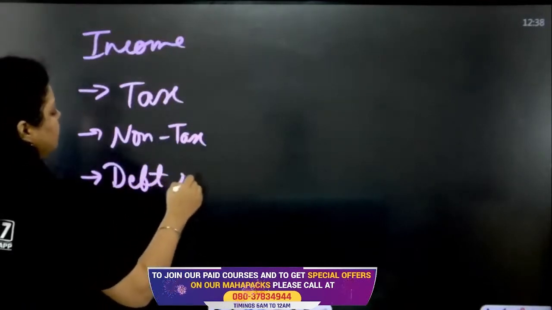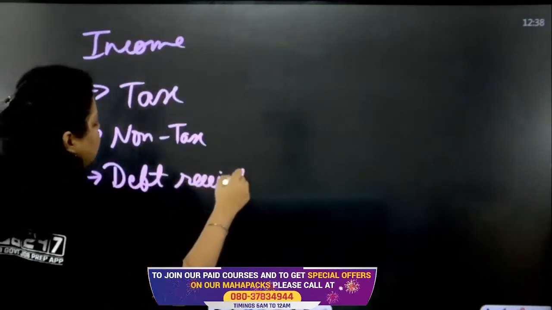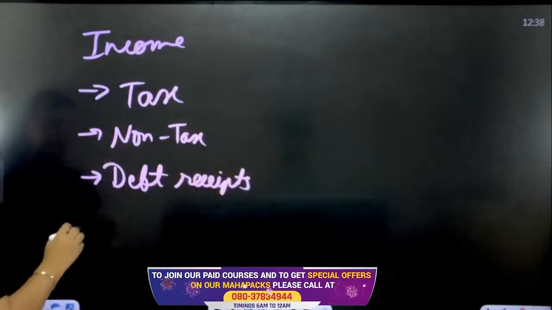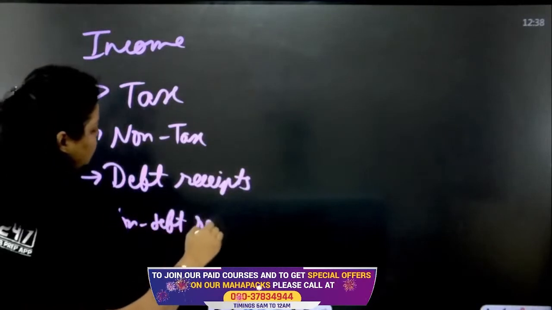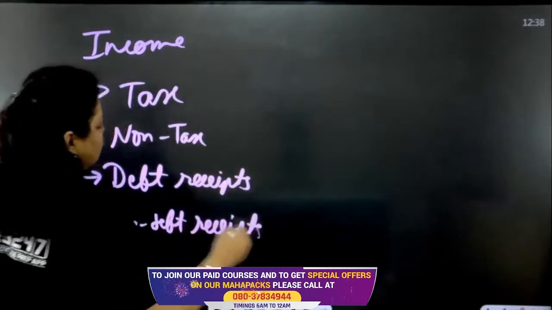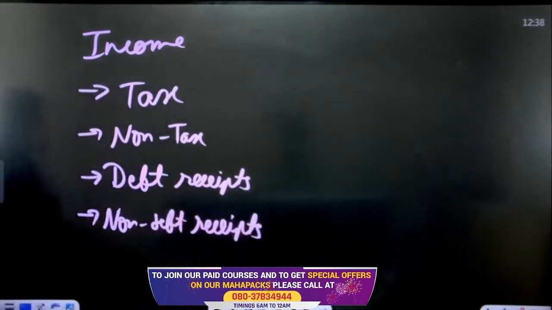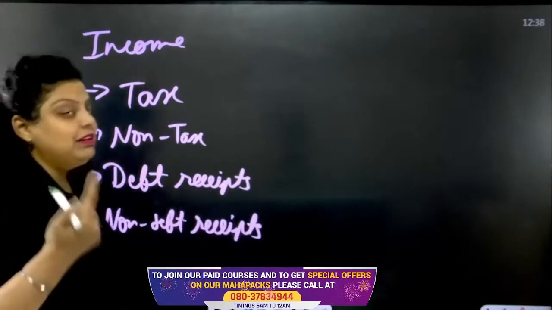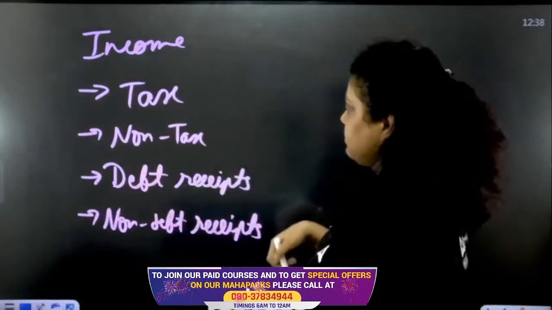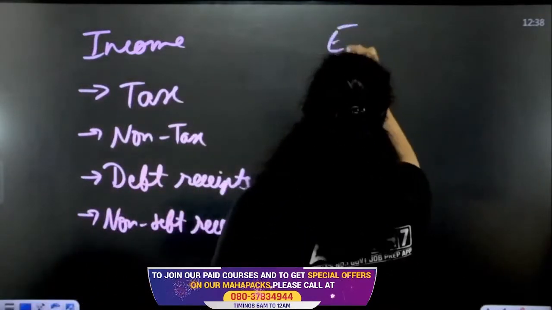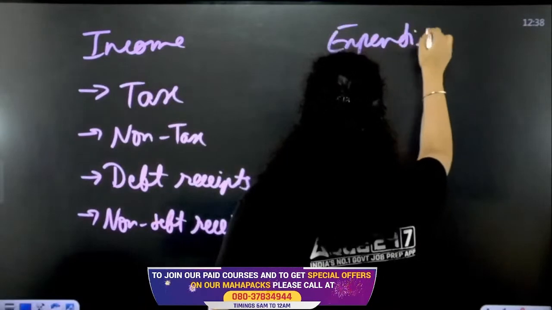It means the government has given a loan to some country and is charging interest on it. Then we have non-debt receipts. Non-debt receipts simply mean you are doing investment, and on the investment you are taking back the profits. These are the sources of income for the Government of India.